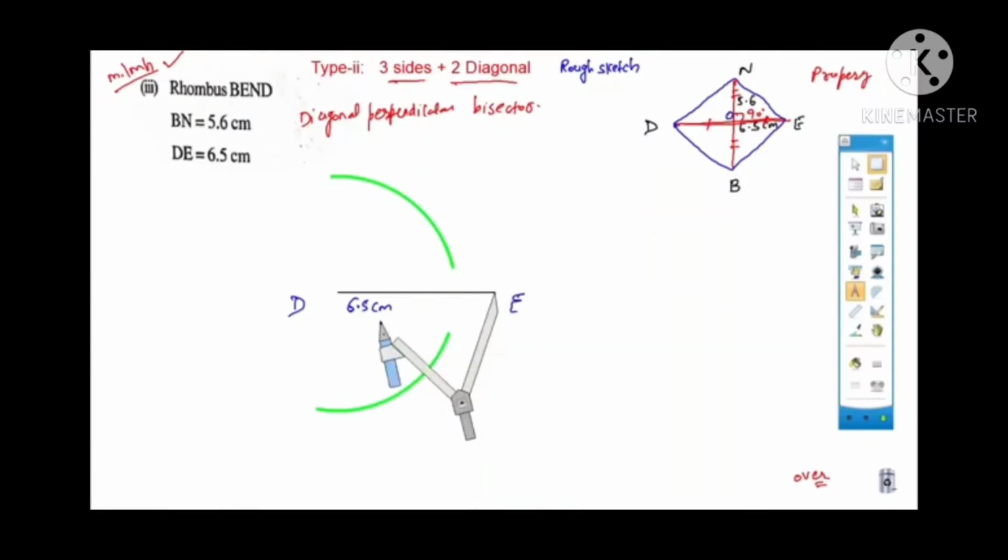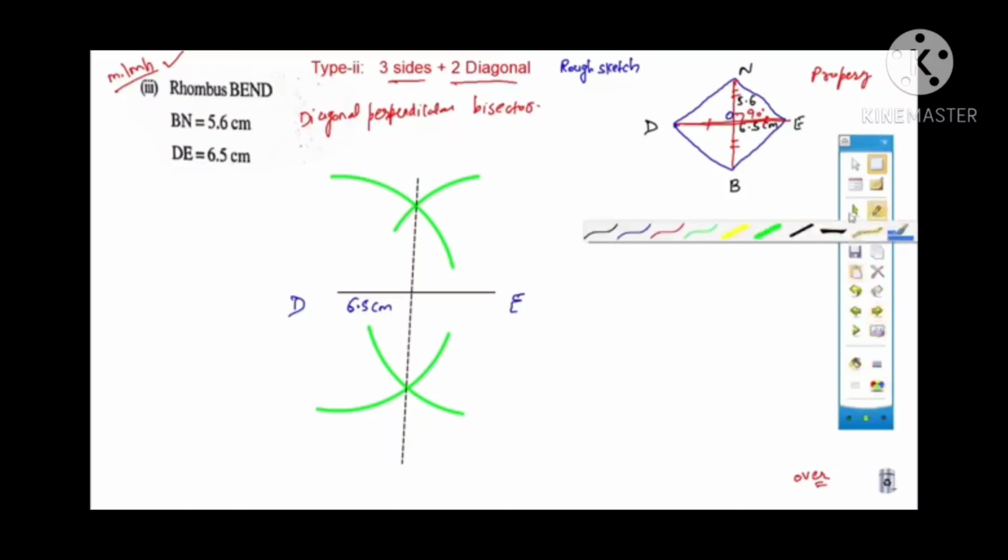Now with E you have to cut those 2 arcs, previous arcs which you have drawn upside and downside. Okay, cut those 2 and join the 2 points which you have got by cutting the arcs, that is N and B. Join those 2 points which you have got by cutting the arcs.